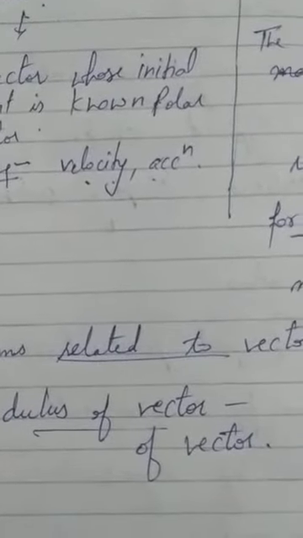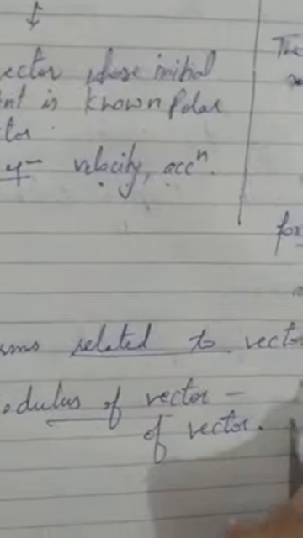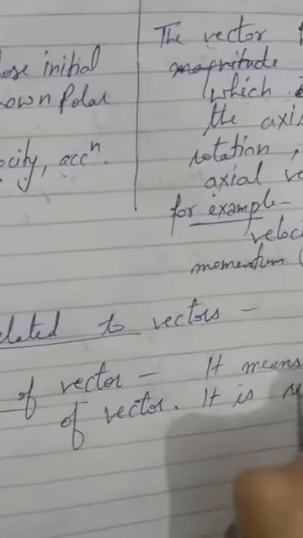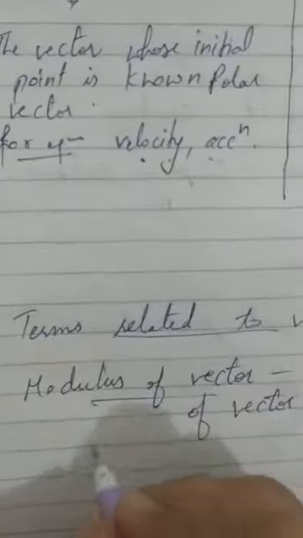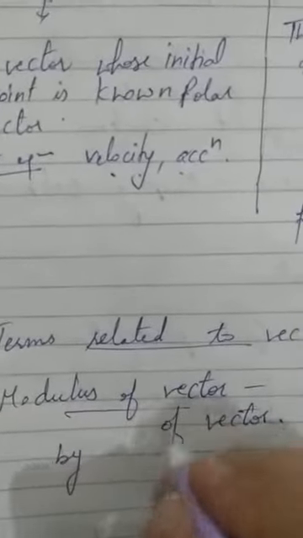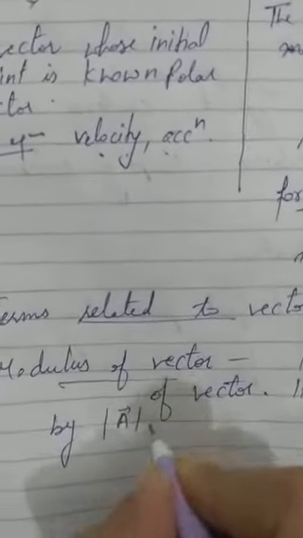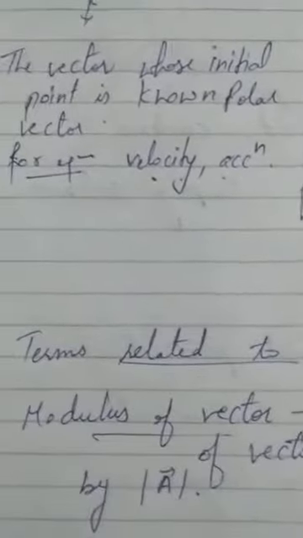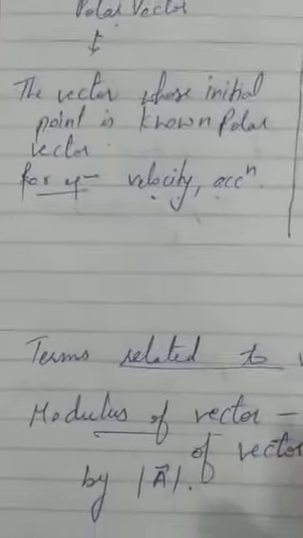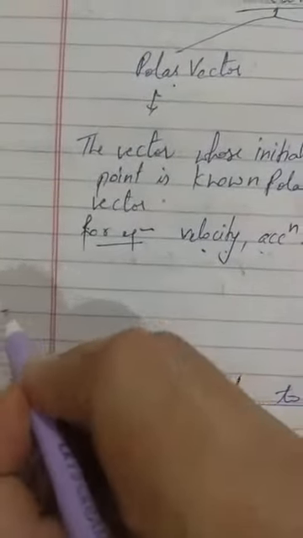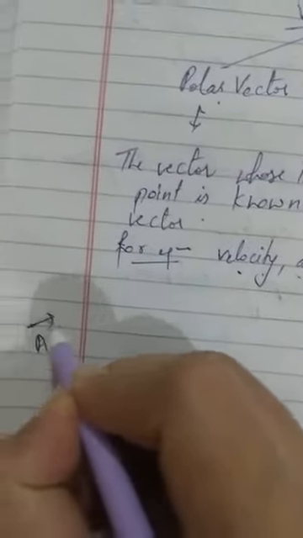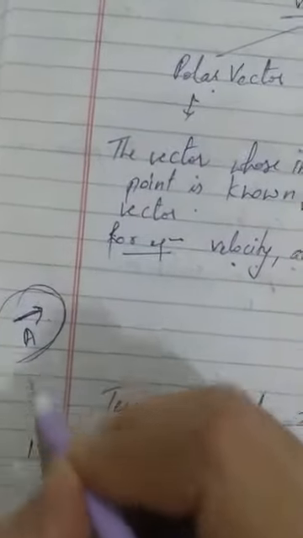Magnitude means a mathematical value. How is it represented, by which symbol? The symbol will be like this: we keep the vector within the mode sign. Any vector we denote with a letter, and if A is used, then on top we use this arrow, which means it is a vector quantity.